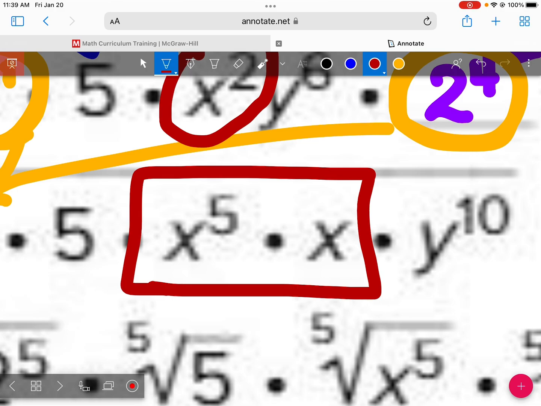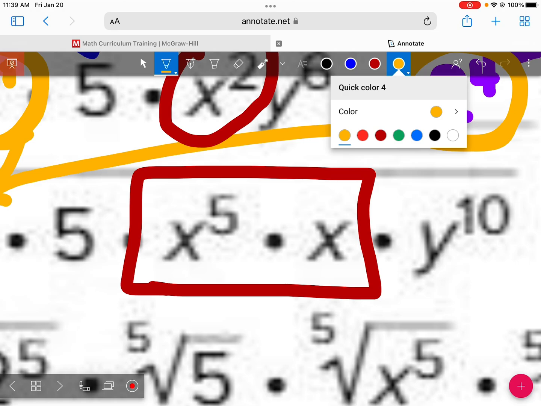Does that still add up to 6 x's underneath there? I'm curious. Why do you think they didn't write x to the 6th? Why did they do x to the 5th and x? What's my index again? 5. So they made this exponent match that index.